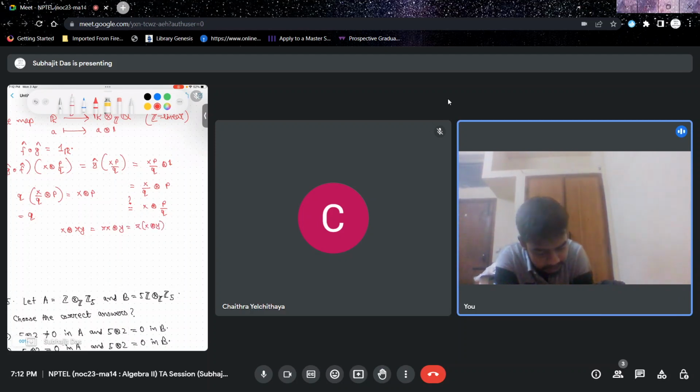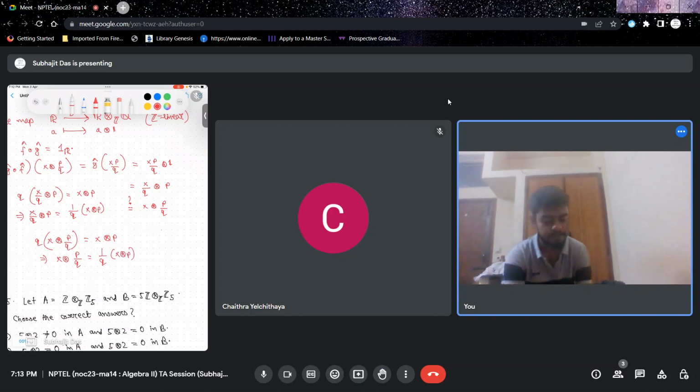So this implies that X over Q tensored with P is equal to 1 by Q times X tensored with P. And again, you know that X tensored with P over Q times Q is equal to X tensored with P, and therefore X tensored with P over Q is equal to 1 by Q times X tensored with P. Here we are using something that I should be very clear about. I have taken 1 over Q times X tensored with P, right?